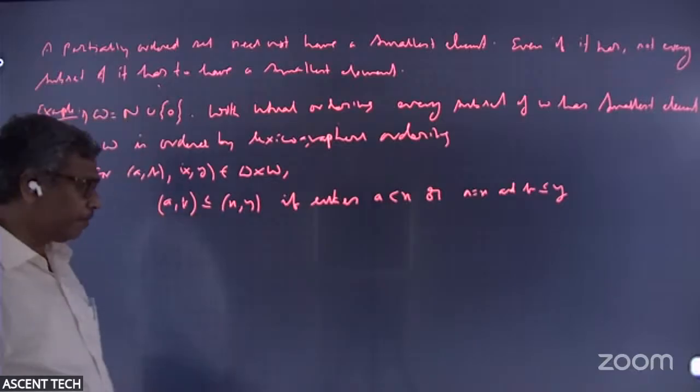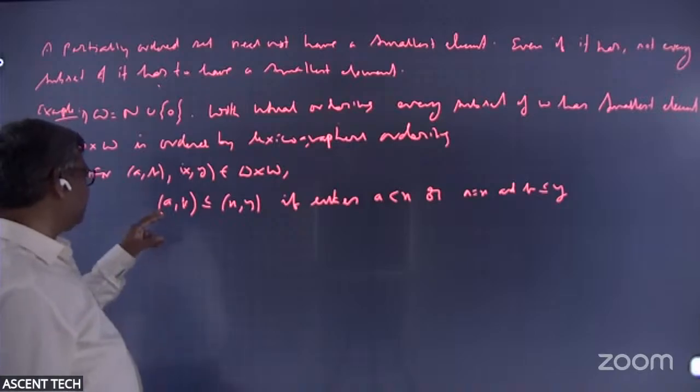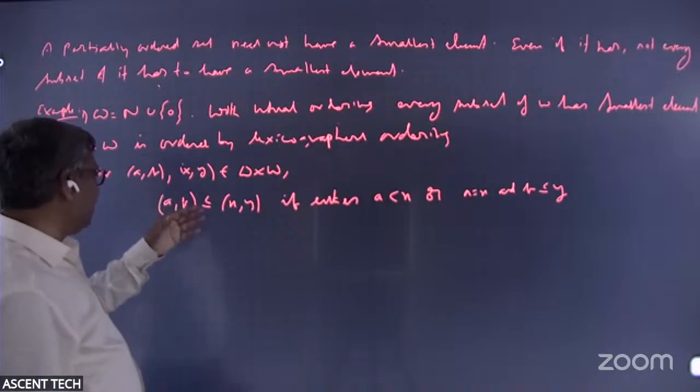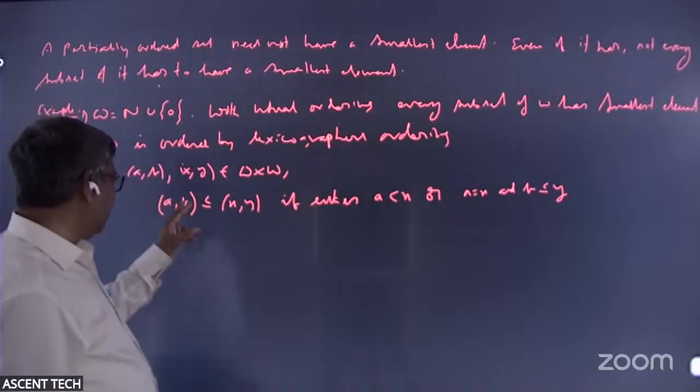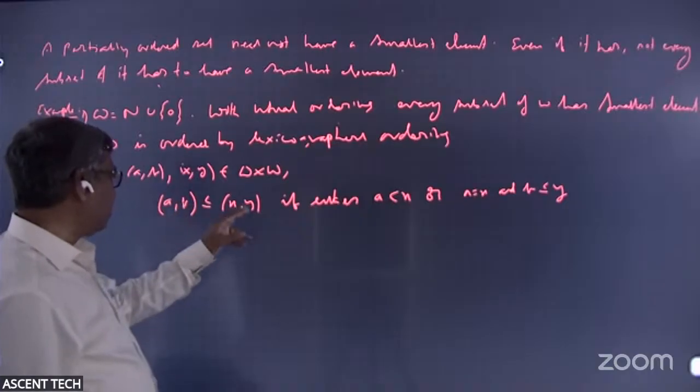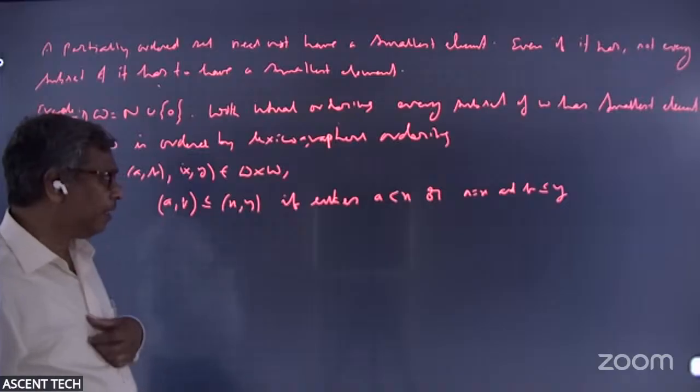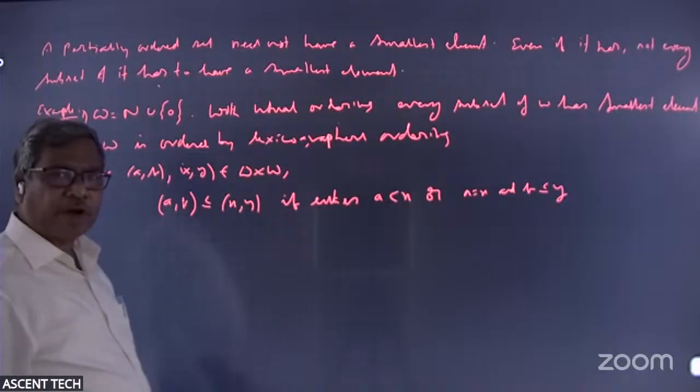In case A comes before X, the entire (A, B) comes before (X, Y). In case A is equal to X, then the second letter B has to come before Y. That's lexicographic ordering.